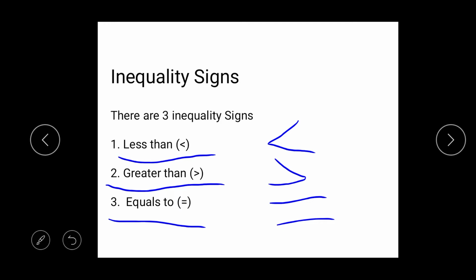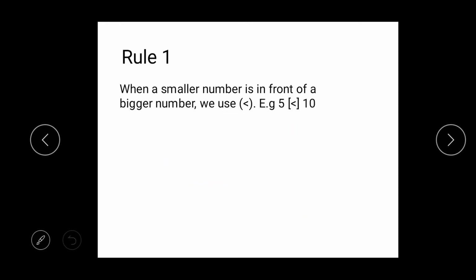There are so many rules to these signs. The first rule says when a smaller number is in front of a bigger number, we use less than. So you can see this 5 and this 10.